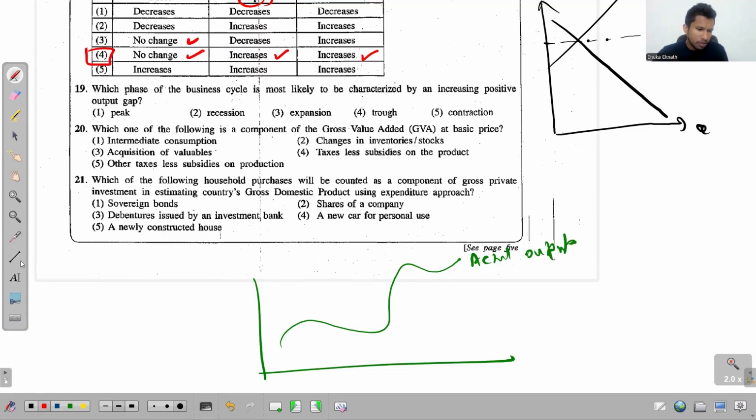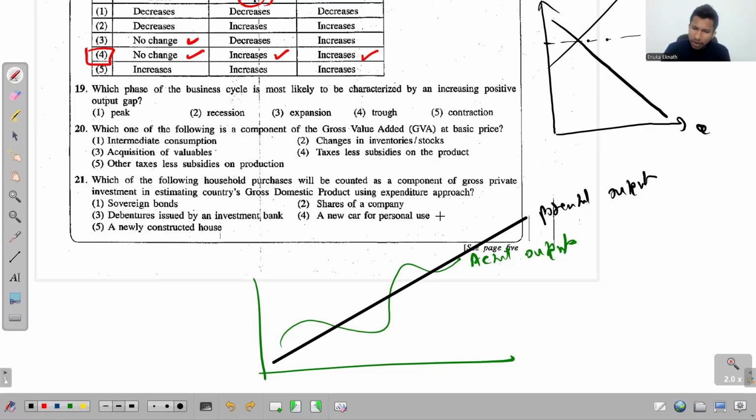And for the potential output, let me just draw this one. Just imagine that this is the potential output. Now, there is an increasing positive output gap in which one of the following phases?